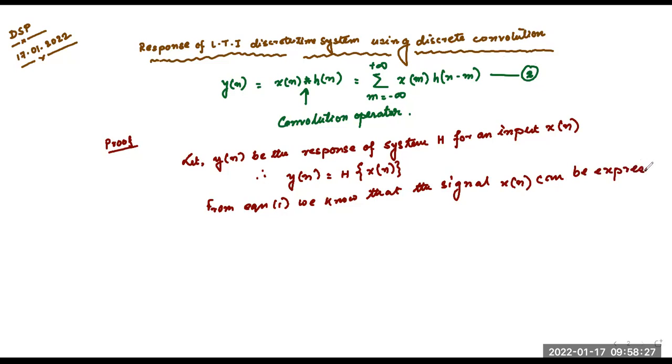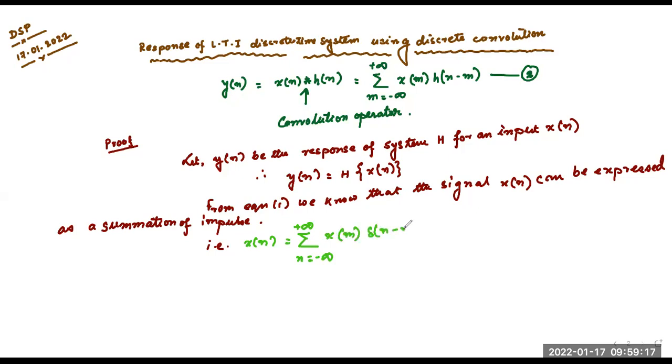So we can write x[n] equals summation of m equals minus infinity to plus infinity x[m] into delta[n minus m], where delta[n minus m] is the delayed signal.